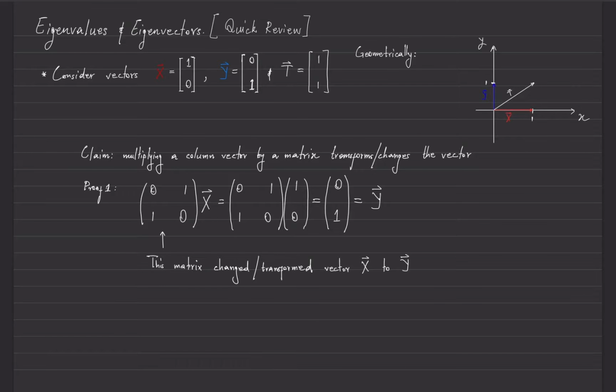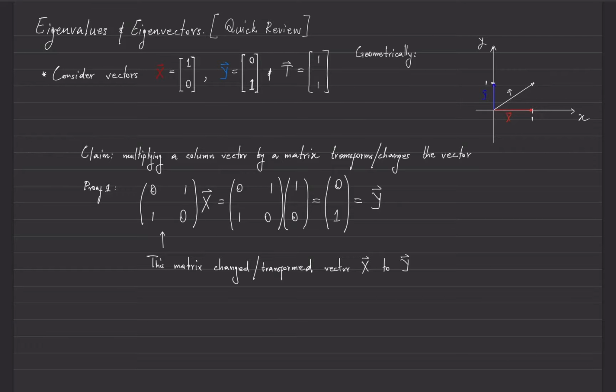Now we're going to make a claim, and I hope to convince you of the effect of matrix multiplication. The claim is, whenever we multiply a column vector by a matrix, that matrix transforms or changes the vector.